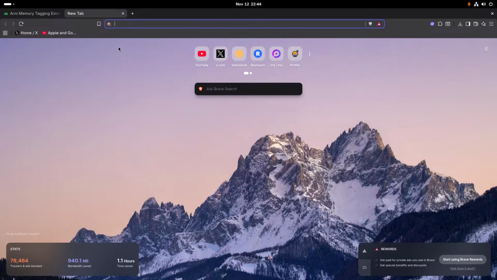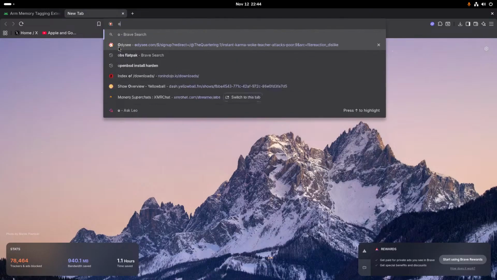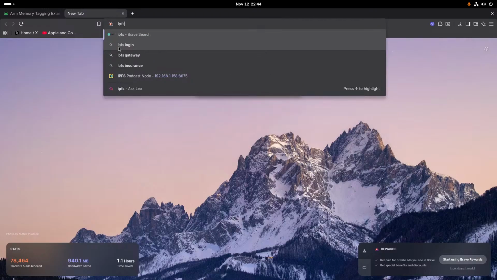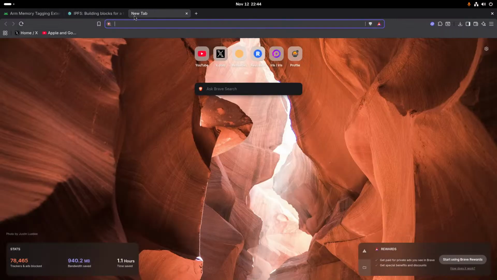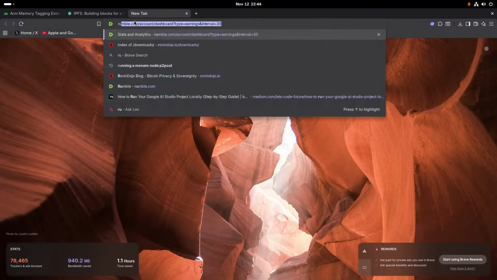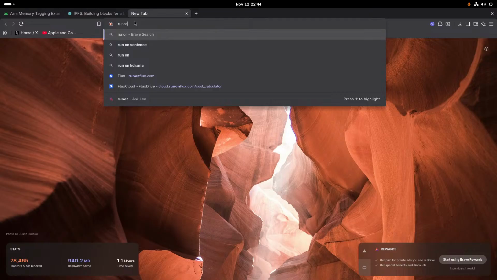But here's IPFS, decentralized. Run on Flux. Actually decentralized.